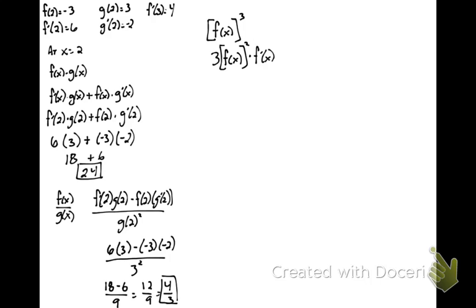And since we're looking at 2, we would have 3 times f of 2, which is negative 3, and squared would be 9. And f prime of 2 is 6. And 27 times 6 is 162.